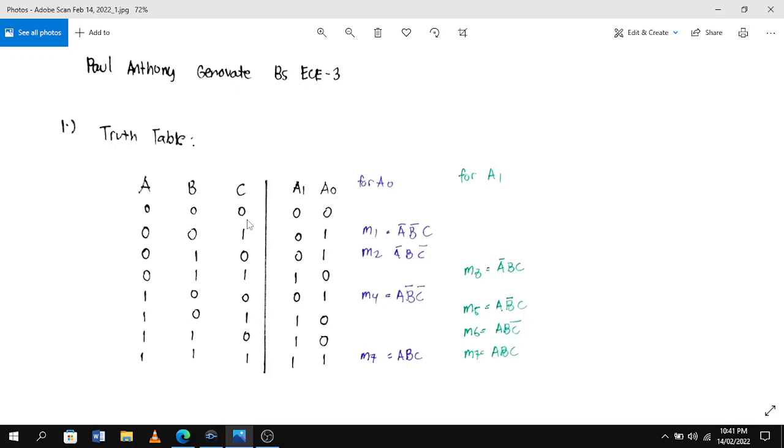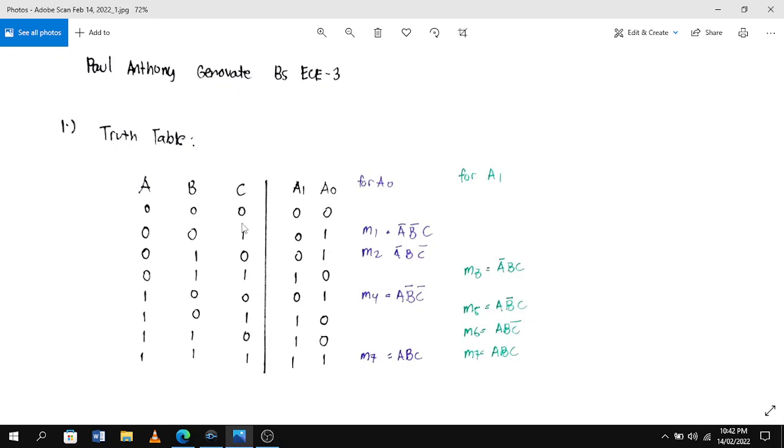So to summarize my truth table, for this A0 represents the LSB, right? So it's 2 raised to 0, so it is equal to 1. And A1 represents 2 raised to 1, so its value is 2.